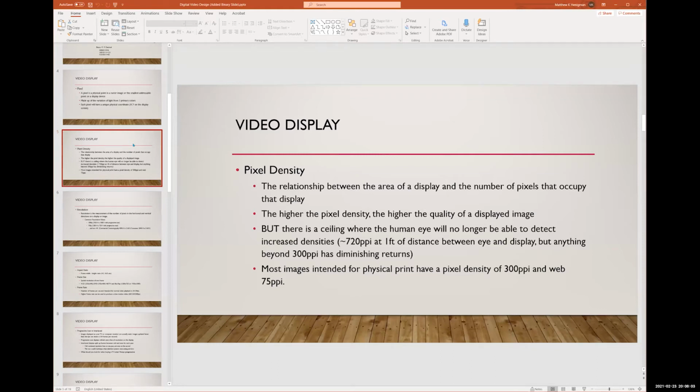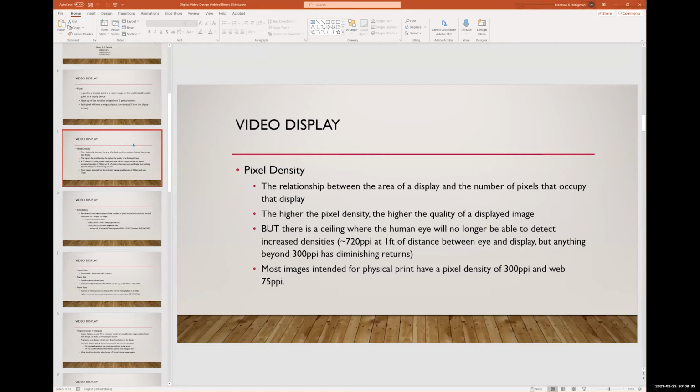Okay, so the pixel density is the relationship between the area, the physical size of the display, versus the number of pixels that occupy that display. So 1080 is a static value of roughly 2.1 million pixels, and then the display size dictates how tightly or how loosely packed those 2 million pixels are on the display.